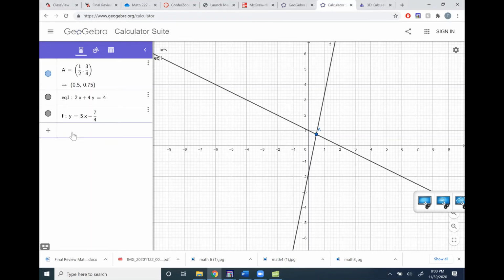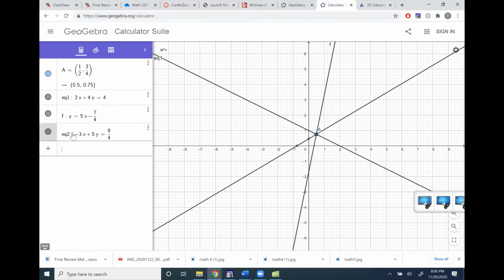Let me just quickly type it in to make sure my suspicion is true here. Negative 3x plus 5y equals 4 plus negative 7/4. Man, you're making me work hard here. 16 over 4, 16 minus 7 is 9. 9/4. Yeah, it looks like that is true.